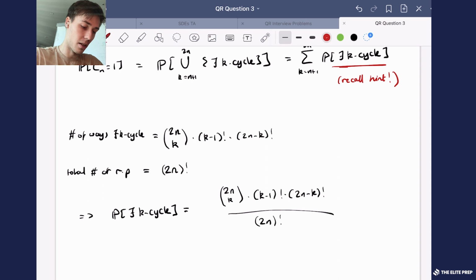Recalling the formula for 2n choose k being 2n factorial over k factorial times 2n minus k factorial, we have that this is equal to 1 over k.